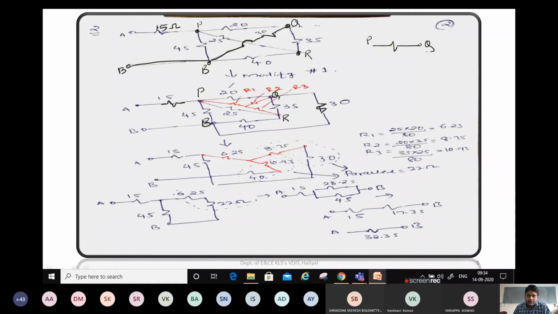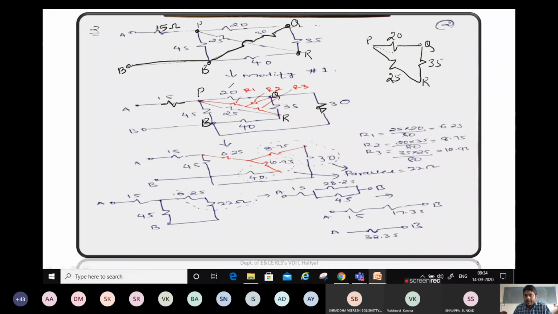So this part, if you write it separately, P, Q, R, and here we have this. This is 25, this is 20, and this is 35.